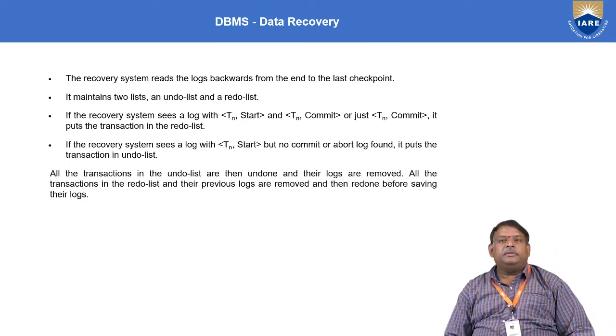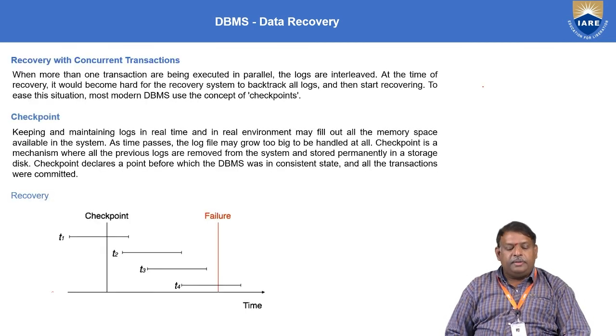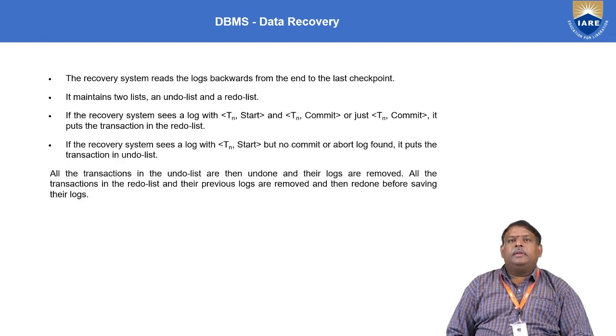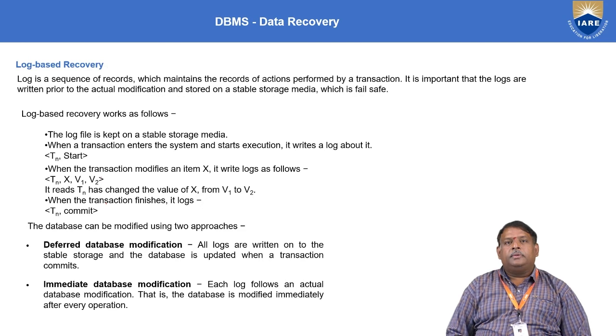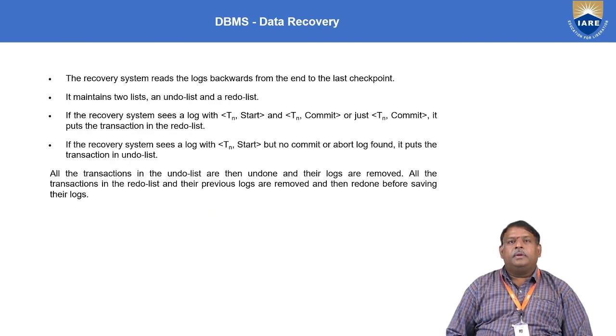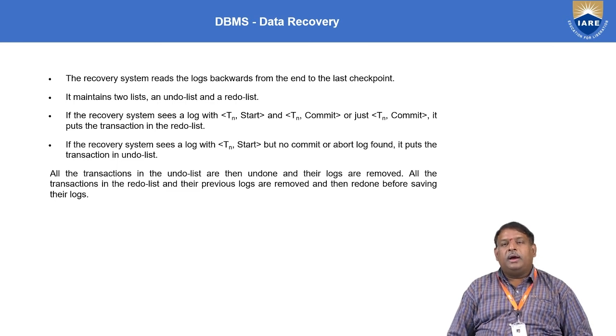The recovery system reads the logs backwards from the end of the last checkpoint. This is the end of the log checkpoint. It maintains two lists. One is the undo list and one is the redo list.